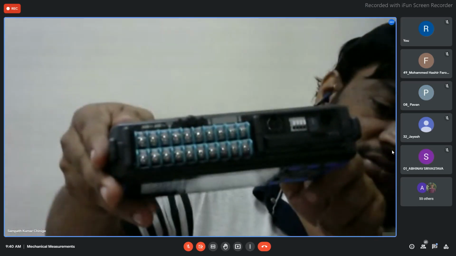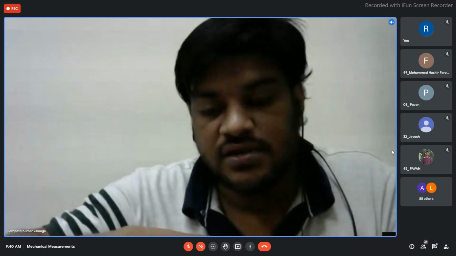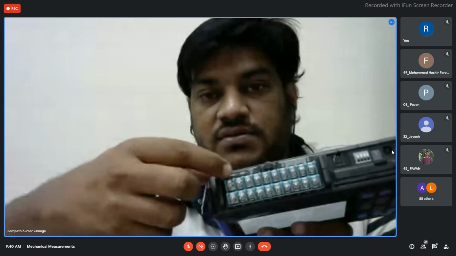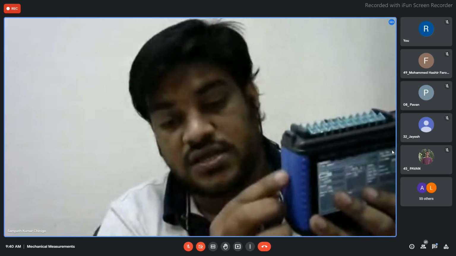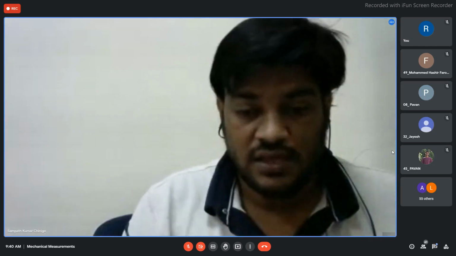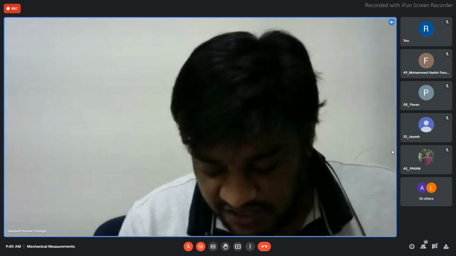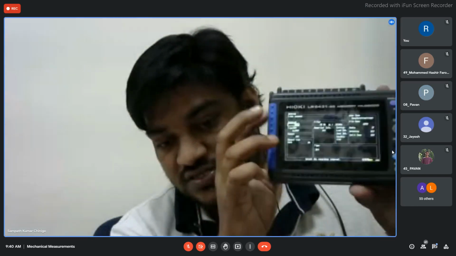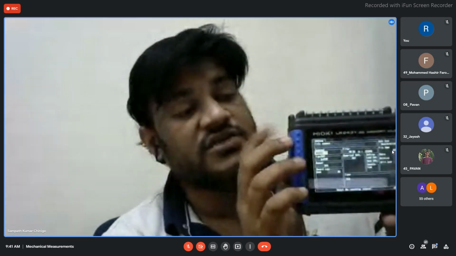So now one end of it is connected here, another end of it is connected here. The internal circuit will form the zero temperature compensation. So the reference junction is this. This one creates the reference temperature, whatever cold junction we are talking about, created within this by an electrical device.